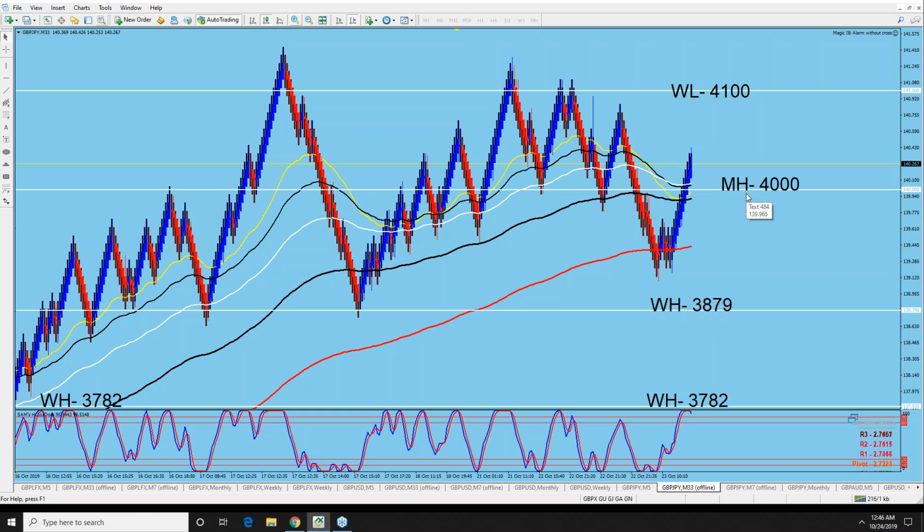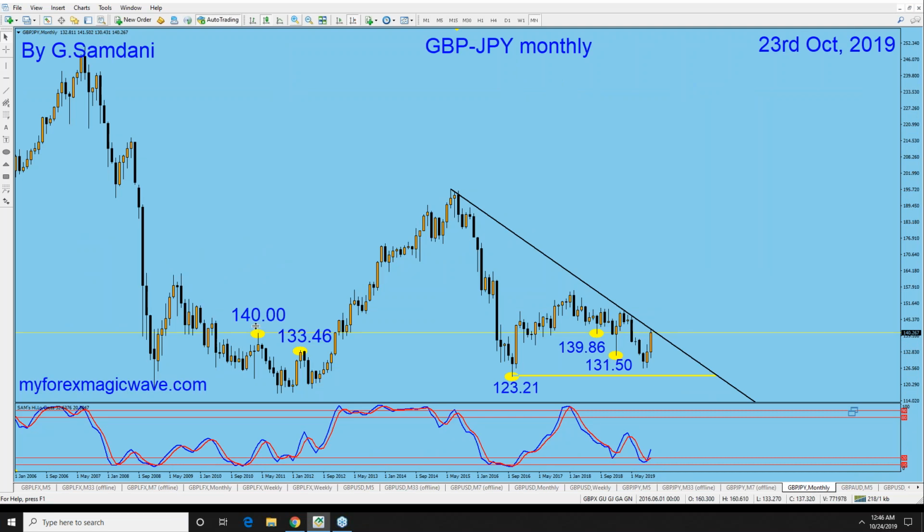Similarly, this one is a monthly high, so I will not be looking at the weekly chart. I will be looking at the monthly chart, and then look for the high 40, and it's obvious, it's right there. If you go on a monthly chart, 140 is standing out alone here, right? So this is how it is.